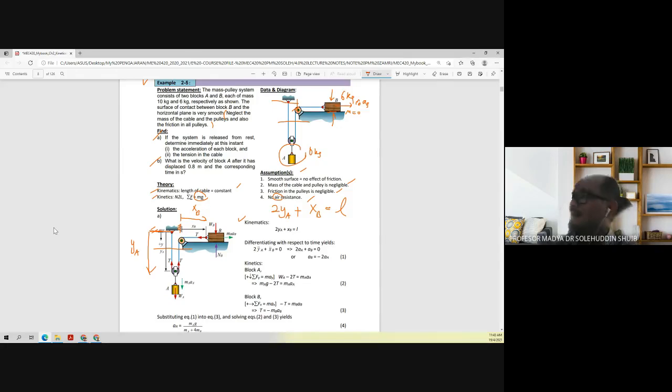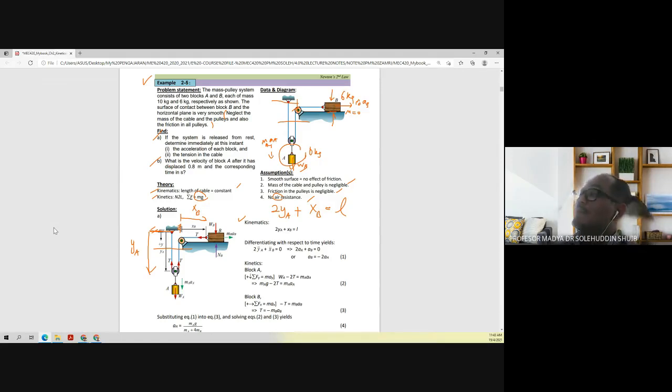It's hanging. So again, this is the weight of A, and then the kinetic part, which is MA times acceleration of A.